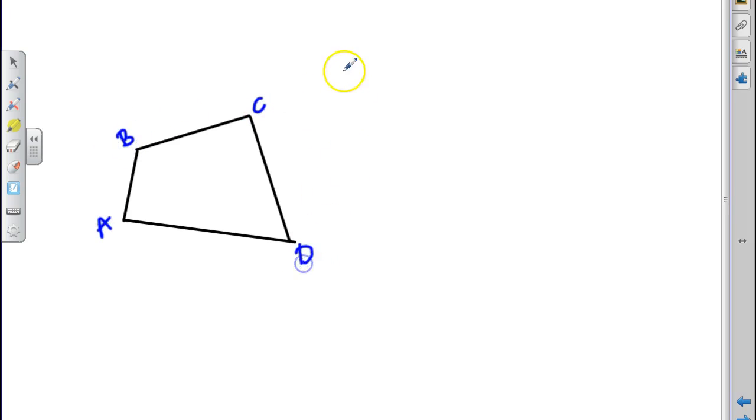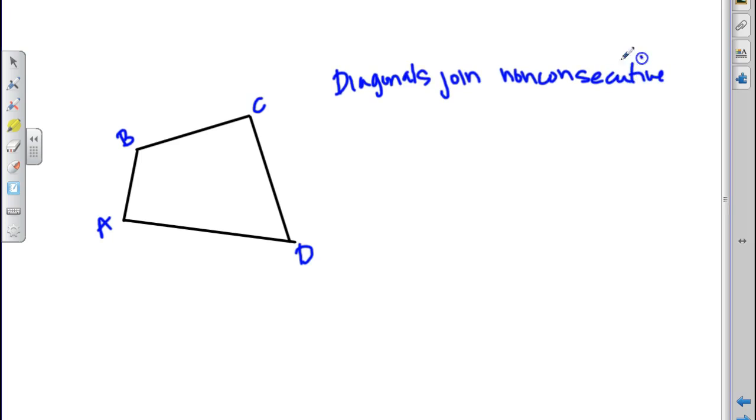All right, so diagonals join non-consecutive vertices. That means if it's not one right after the other, we can join them and make a diagonal. Notice, if I try to join consecutive vertices, it's just the side of the quadrilateral. I want non-consecutive vertices. That gives me the diagonal.